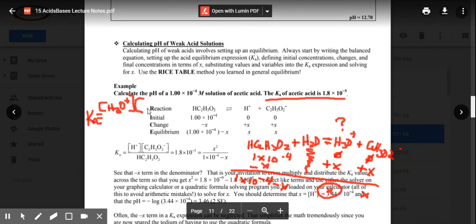Remember, I have to put the brackets because that denotes concentration. Times the C2H3O2 minus concentration, over the HC2H3O2 concentration. So this is my equilibrium expression. Now that I have my expression written, I can plug in values. So my Ka value is 1.8 times 10 to the negative fifth.